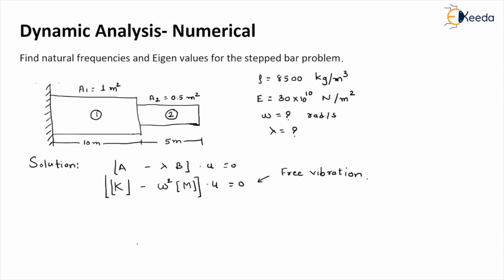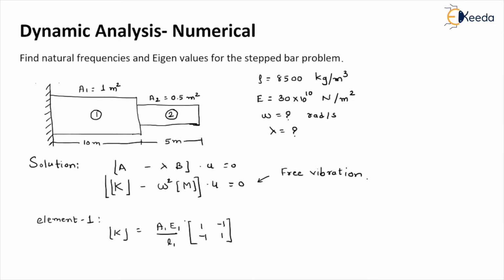Now how can we solve this problem? Here you can see there are two elements. We start from element number 1 first. In element number 1, the stiffness matrix would be A1 E1 divided by L1 into 1 minus 1 minus 1 1.